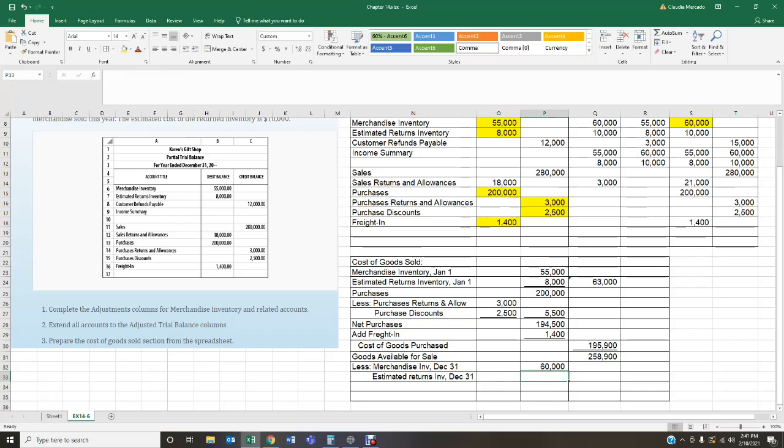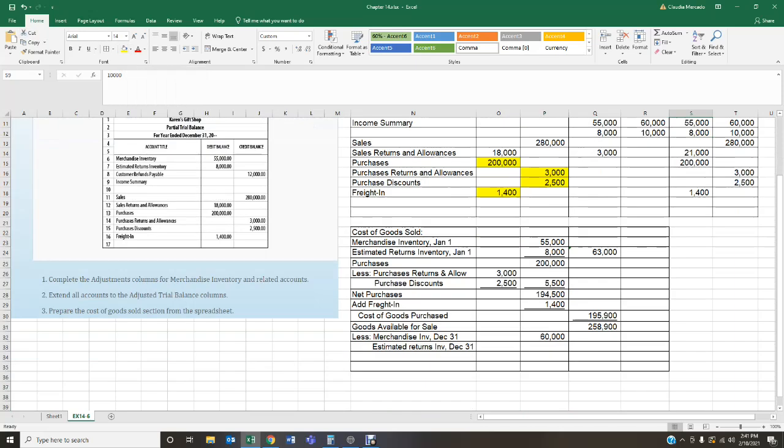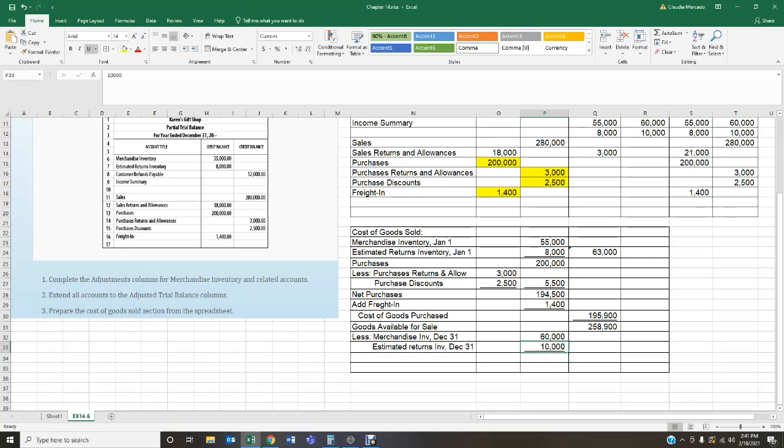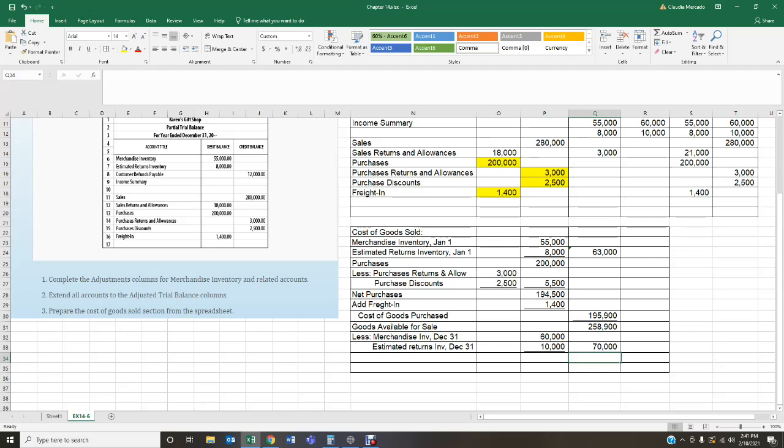Okay, and we had 10,000 in estimated returns inventory. Now we can add those two together and carry our balance over. So that's going to be the sum of these two, the 60 and the 10. That gives me 70,000.